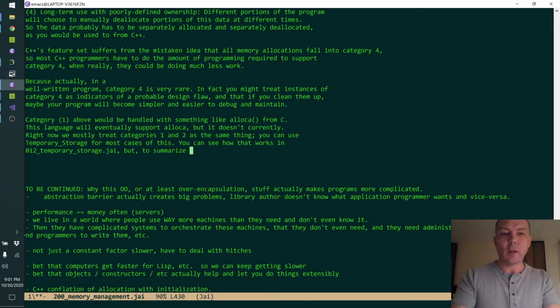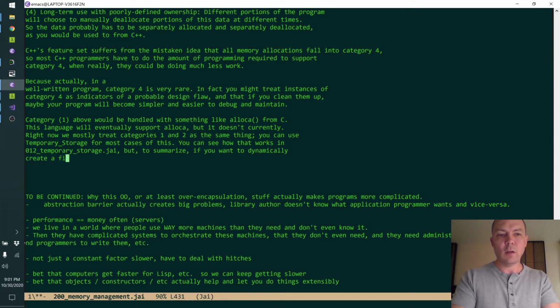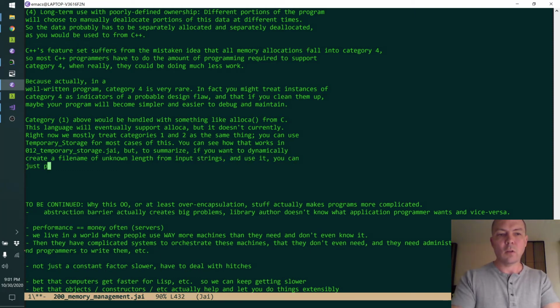To summarize, if you want to dynamically create a file name of unknown length from input strings and use it, you can just pop off something like this.